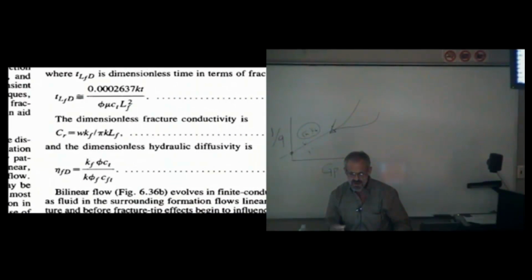He used CR, and he has this term pi in there. But W is fracture width, typically about 1/10 of an inch. K is the permeability of the fracture. That's Darcy range. That's a sand pack. KF, K fracture. And then K downstairs is formation permeability, and LF is my XF, fracture half length. That's dimensionless conductivity.